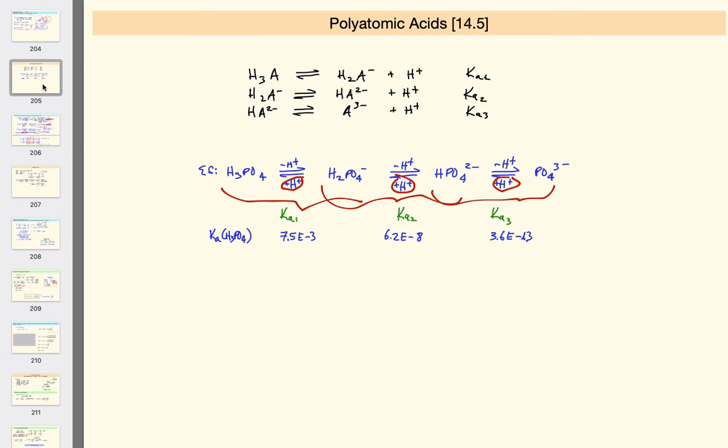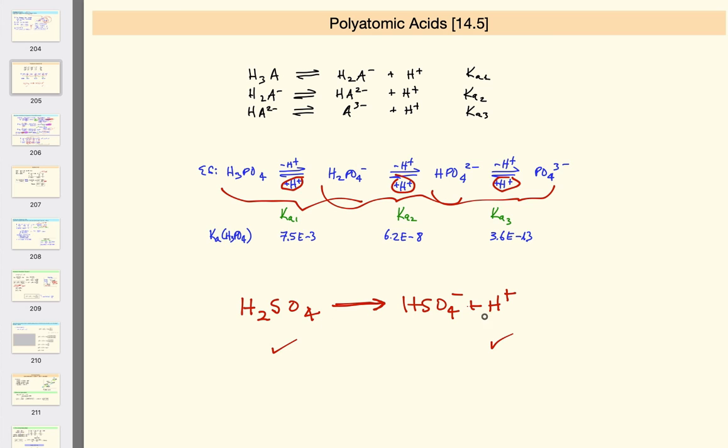The final thing I want to mention is if you are starting here with a strong acid, this greatly simplifies things. For example, let's say we're using sulfuric acid instead. We know this is one of your 7 strong acids. And we know the first step is to lose 1 proton. But guess what? This is a strong acid, so you automatically know whatever this concentration is, you already know that.